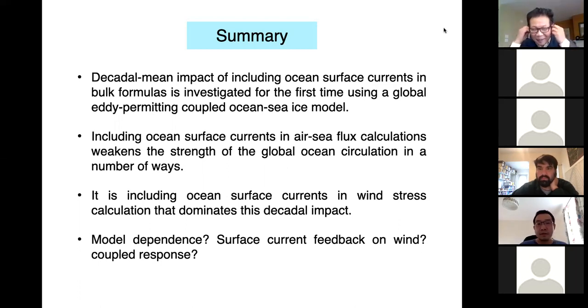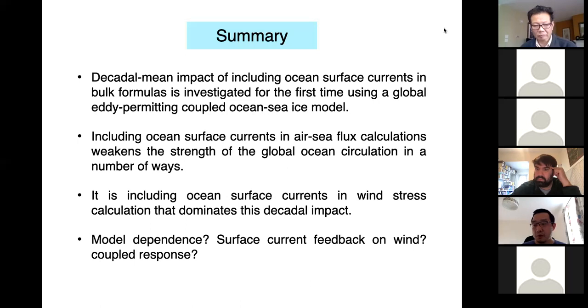Yes. When we look at the model results, in some ways not surprising, but in some ways also surprising, because the only difference between the model experiments is whether you include ocean current in the wind stress calculation, and it leads to such a difference in strength of ocean circulation on large scale and meso scale, and also its heat transport.